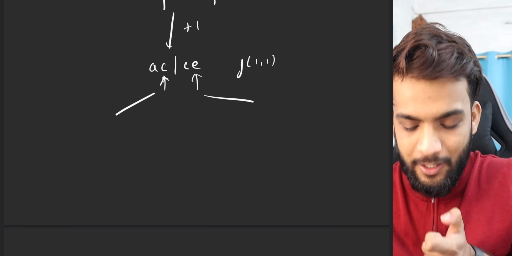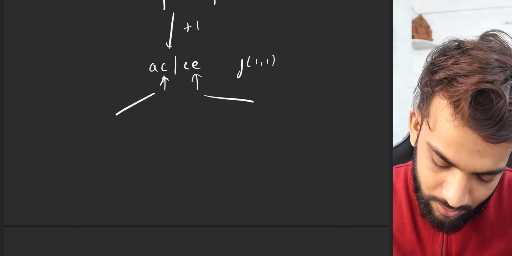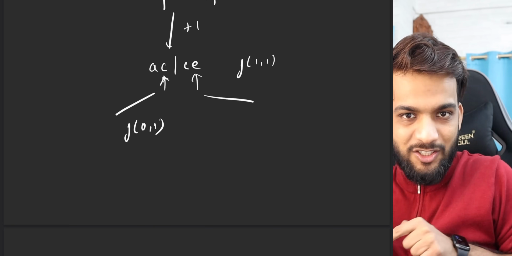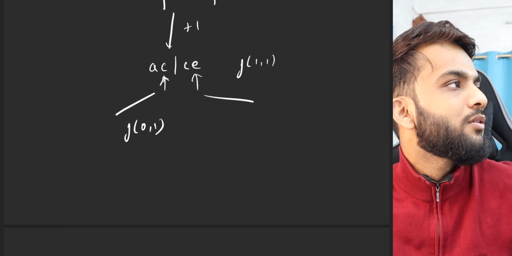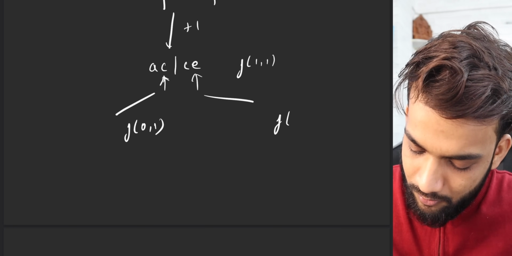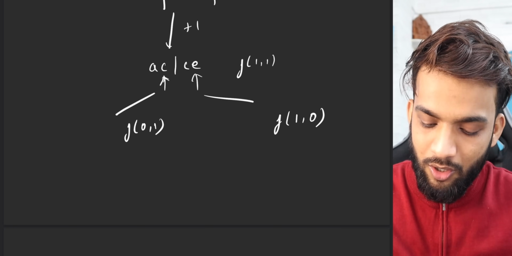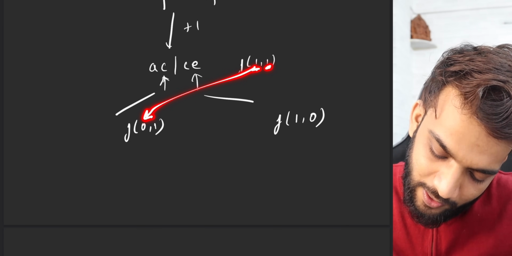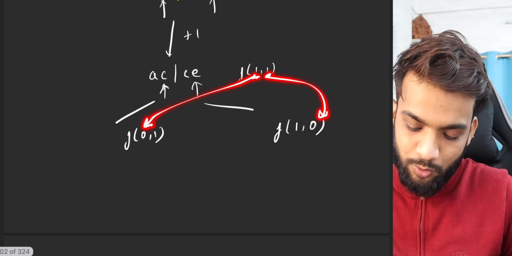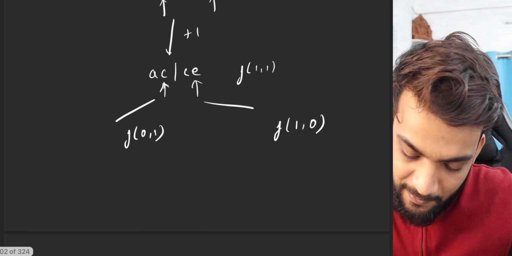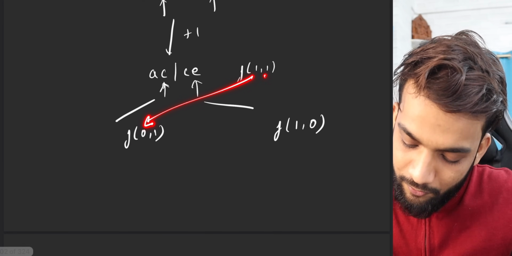So it will be plus 0 and f of 0, 1 will be one split call and f of 1, 0 will be another split call. Basically, you reduce 1 or you reduce this one. That's what you did, right? You either reduce this or you either reduce this. So a split of 1 of 0 or a split of 1 of 0 will happen.